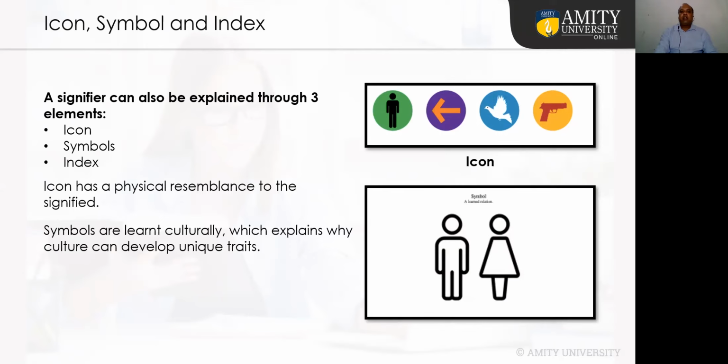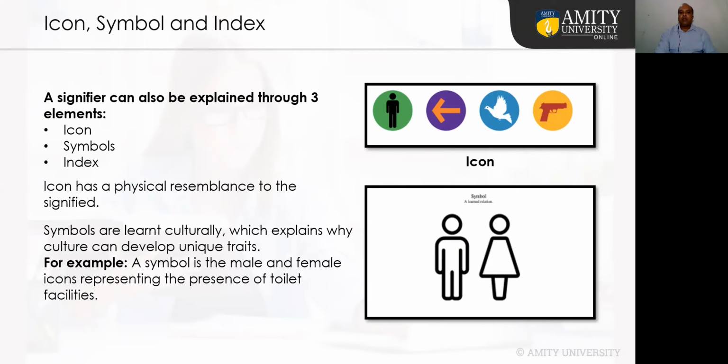Symbols are learned culturally, which explains why cultures can develop unique traits. A symbol of male and female is used worldwide, basically for toilets or facilities. These icons have become symbols because they take on an extra meaning.